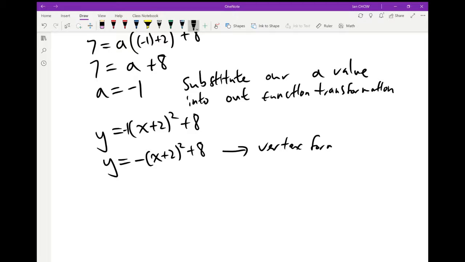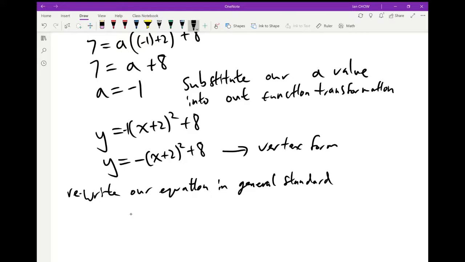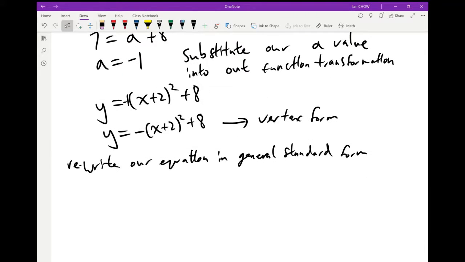Now, the textbook does tell you to rewrite the equation in general standard form. So we need to now rewrite our equation in general standard form. And so that means we have to multiply out the brackets. We have to expand that x plus 2 whole squared. And so we have y equals negative, I'll just keep that there, x plus 2 whole squared is x squared plus 4x plus 4, plus 8.